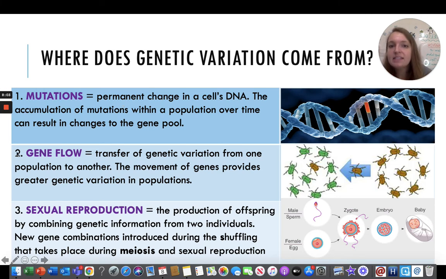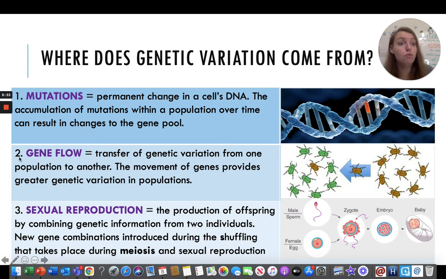All right, the second way that we can get genetic variation is gene flow. All right, gene flow. So this is the transfer of genetic variation from one population to another. So remember, a population is the same species living in the same area, right? Well, if we have the same species, but from another area, another population that comes to our population, there's going to be some flow.